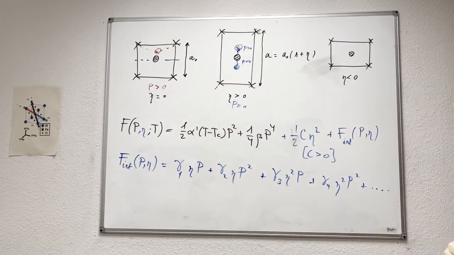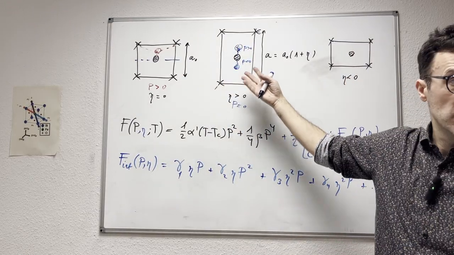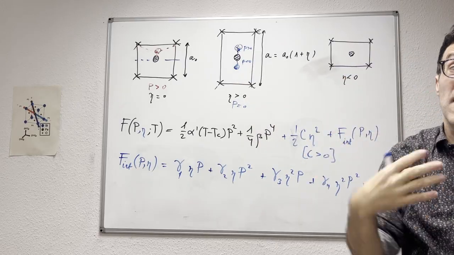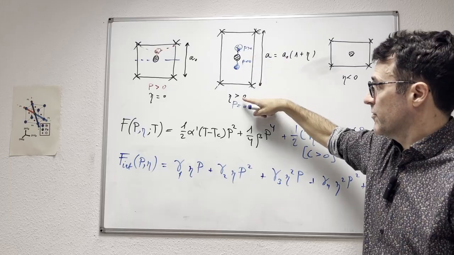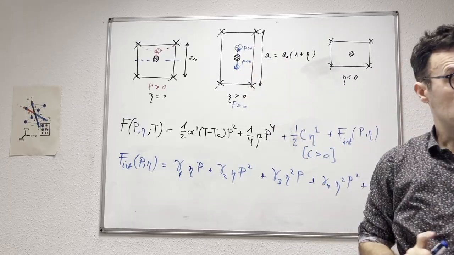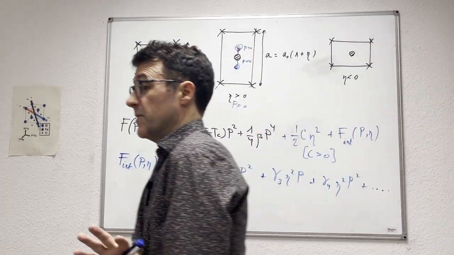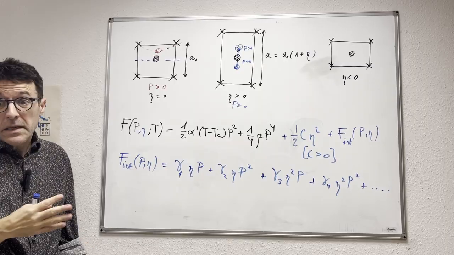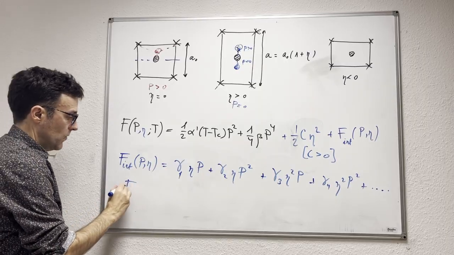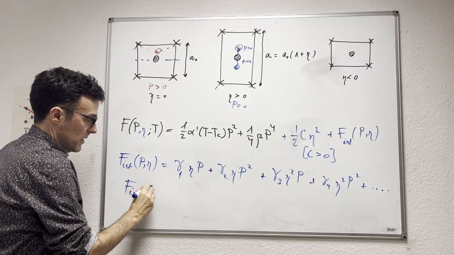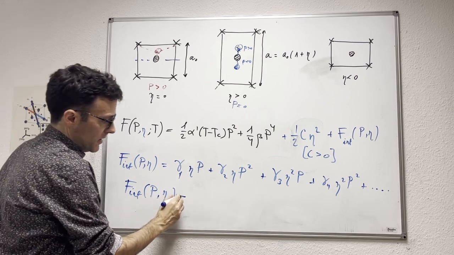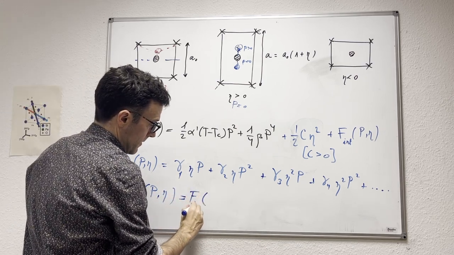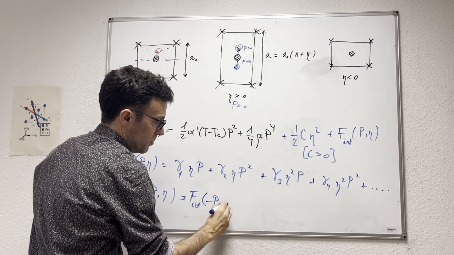So they are warranted to be equivalent, but it's intuitive enough that they are equivalent, right? So they have to have the same energy. But what has happened? Strain has remained the same, polarization has changed sign. So if these two guys have to have the same energy, it means that in general, for the interaction term, it has to be true that F interaction of P and eta has to be equal to F interaction of minus P and eta.